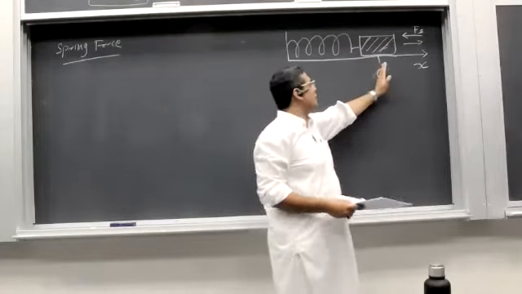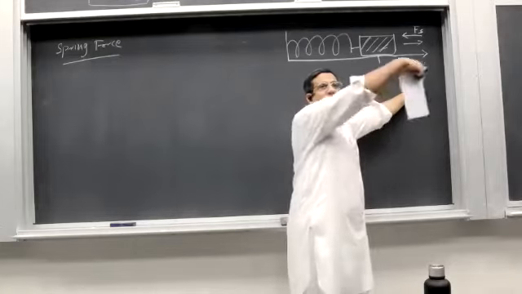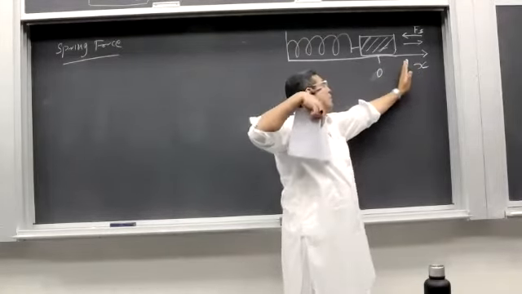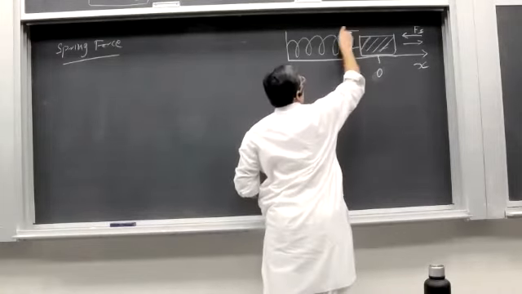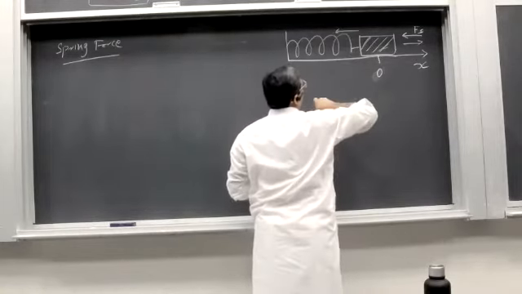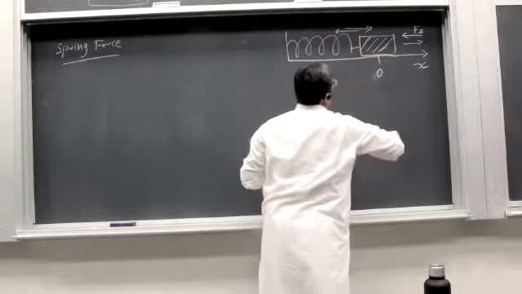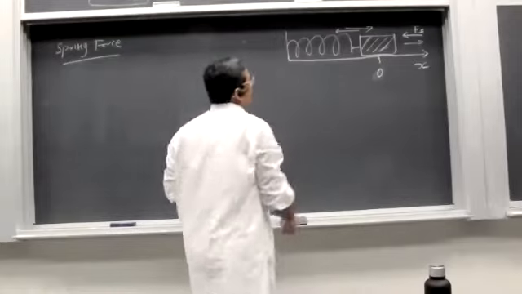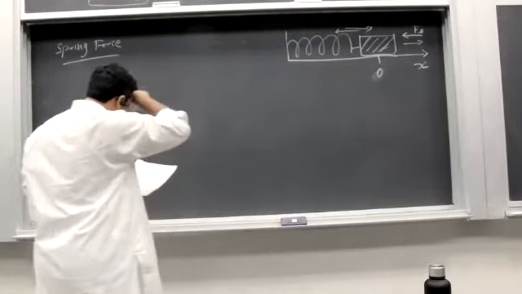If you push it this way, it exerts force towards the point where it is coming from. And if you compress it, pushing the block in this direction, it exerts the force in this direction. So it's always in the opposite direction of the displacement.